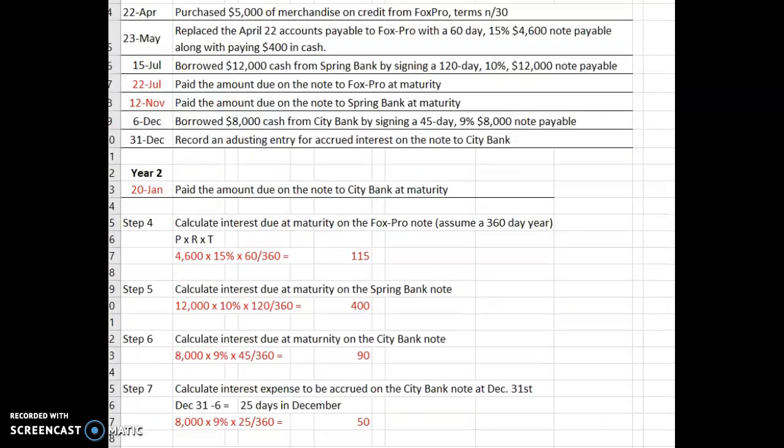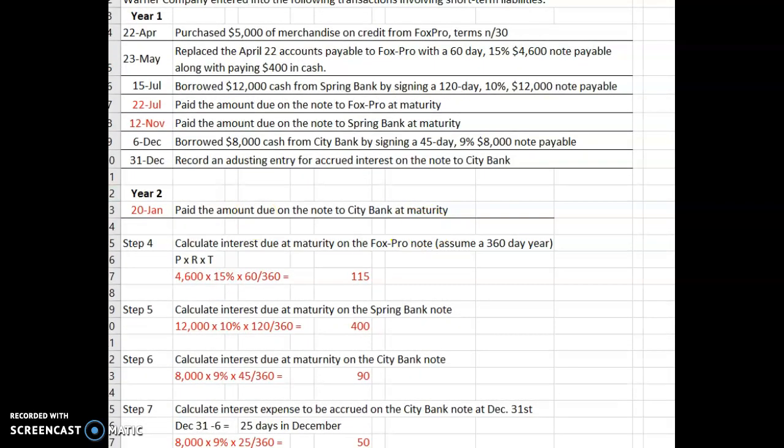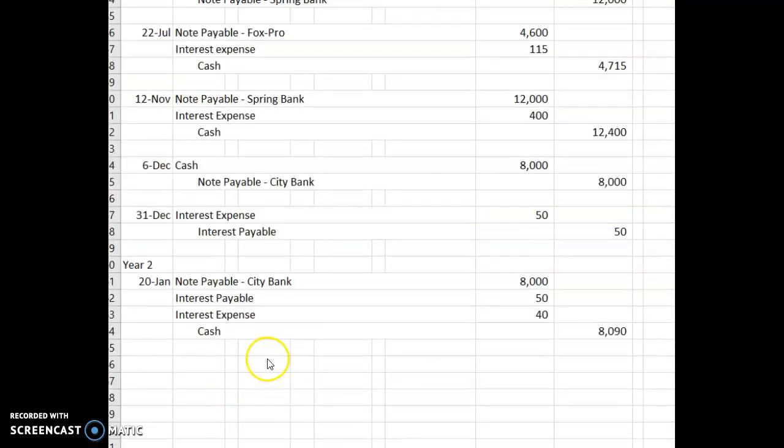And now we're ready to write our Year 2 journal entry. On January 20th, we paid the amount due to Citibank at maturity. Year 2, debit notes payable Citibank $8,000, which removes this liability from the books.